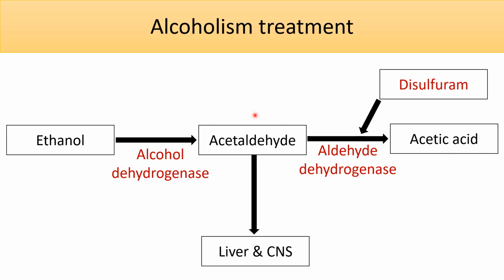So the acetaldehyde will get accumulated and it will result in flushing, headache, nausea, vomiting, palpitation, hypotension, sweating and dyspnea. So all these symptoms it is going to cause. So this will result in discomfort to the patient. So the patient will not consume alcohol anymore when the patient is on disulfiram.